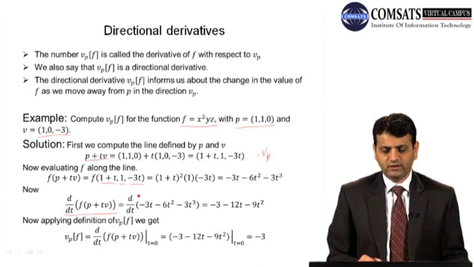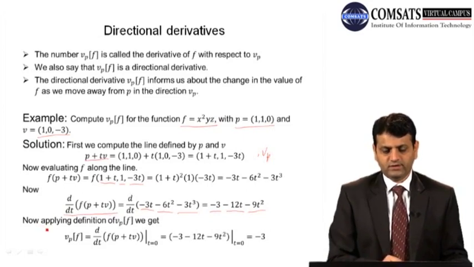So this is just the derivative of this polynomial in t with respect to t. What is the derivative of minus 3t? It's just minus 3. The derivative of minus 6t square is minus 12t, and the derivative of minus 3t cube is minus 9t square.